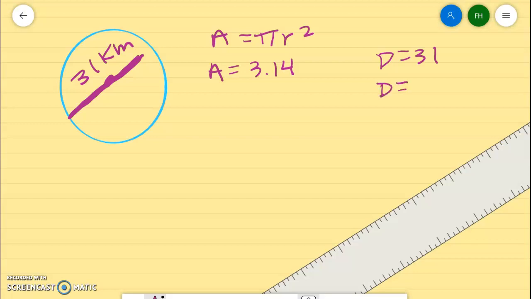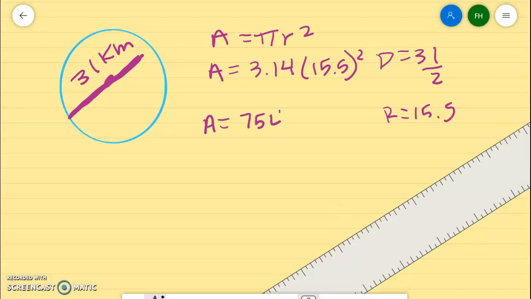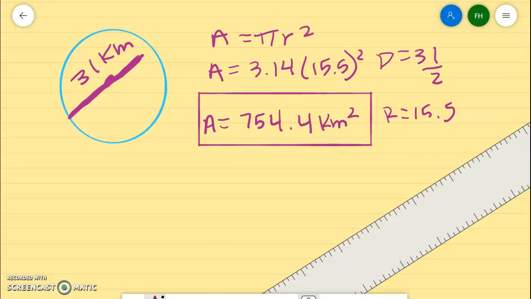The dad's bigger, right? So we need to split him up, half him, to get the radius, and that would be 15.5. So 15.5 squared times 3.14 is 754.4 if you round it. Square kilometers. Don't forget to put your unit of measurement there.